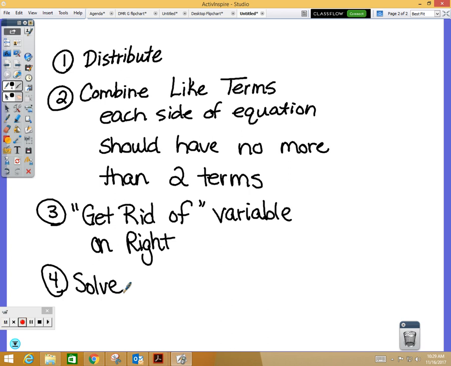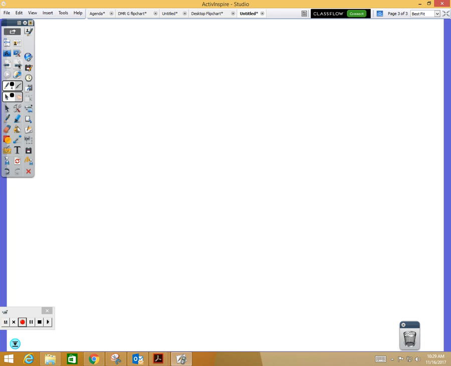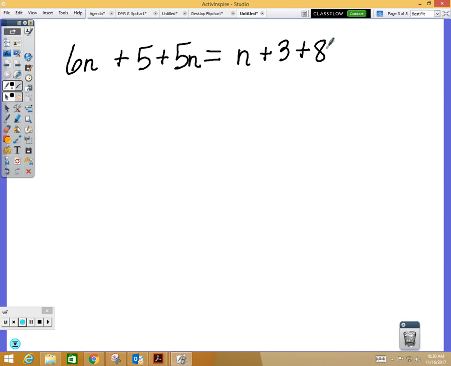All right, let's go ahead and start solving some. So let's say I have 6n plus 5 plus 5n equals n plus 3 plus 8n plus 14. Looks horrible.